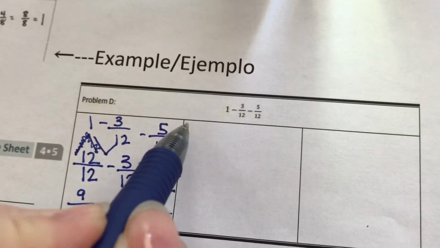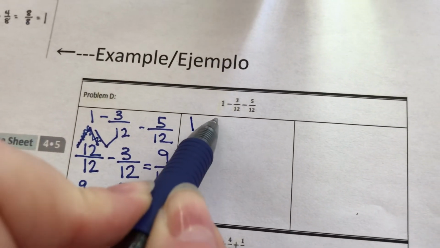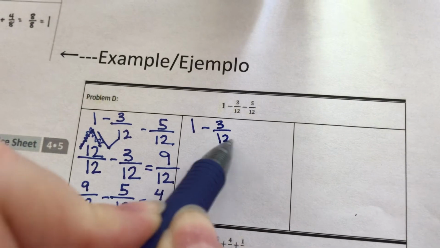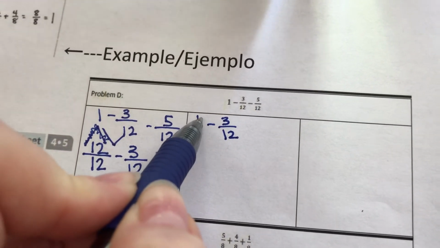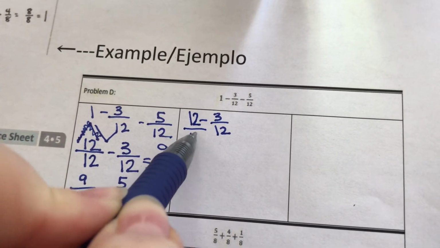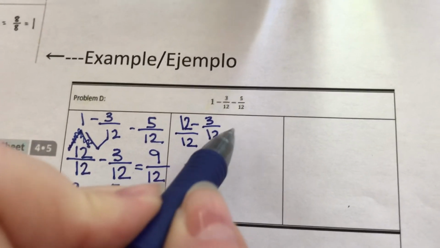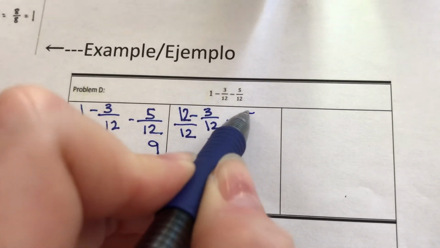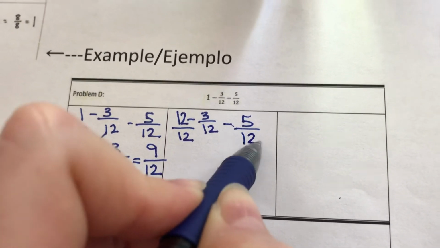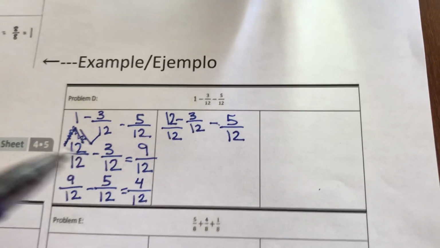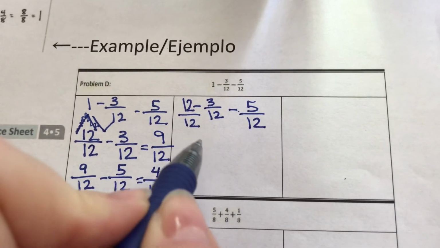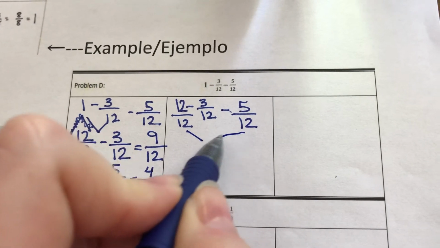Another way of doing it, let me write it up here. And actually, if you want to, that one whole is going to be 12/12. So you could just write the improper fraction. Okay. I might come down here and I might say, you know what, let's subtract these two first.